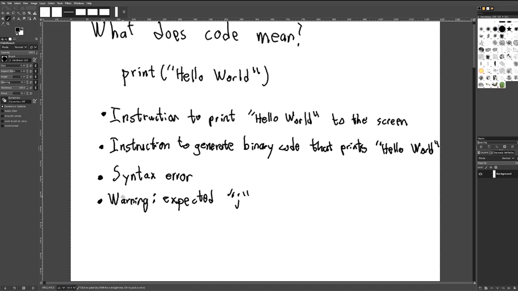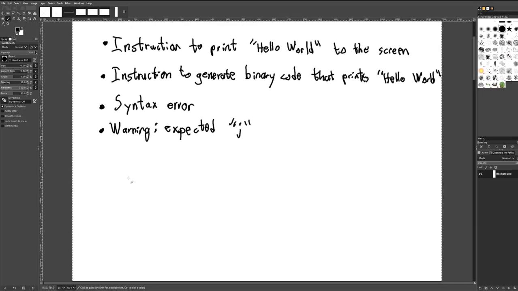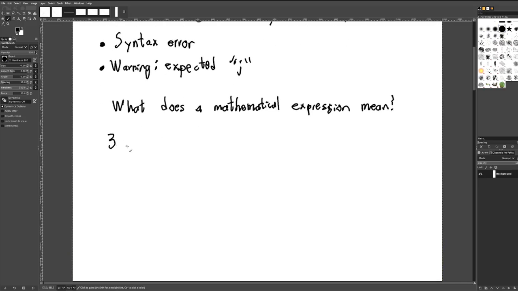So now let's talk about math. What does a mathematical expression mean? Let's say we have an expression like 3 plus 4 times 5.